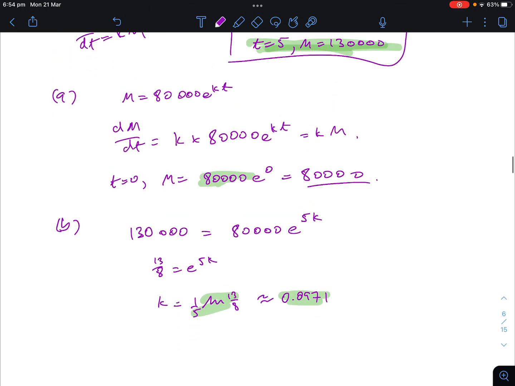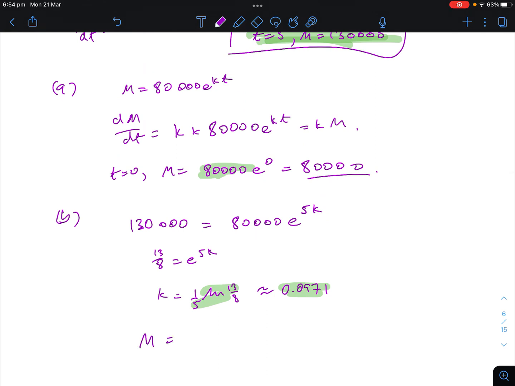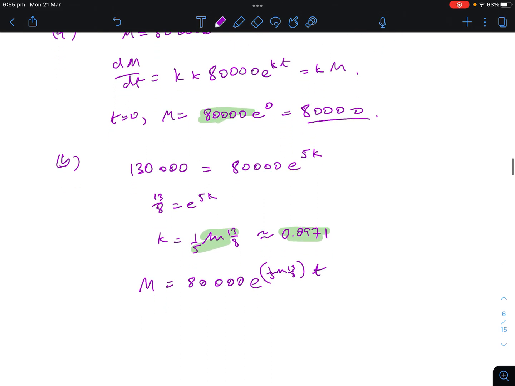So now the actual equation is M equals 80,000 e to the 1/5 ln 13/8 t, e to the kt. That k is a bit complicated to write, but nonetheless that is the actual value of k.